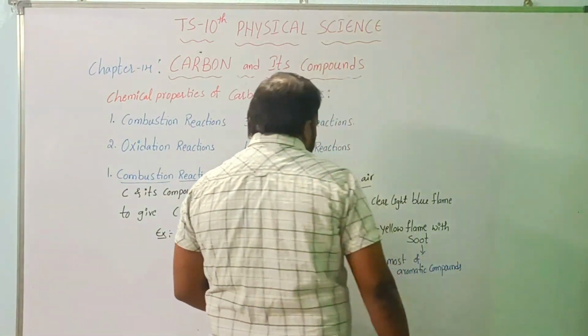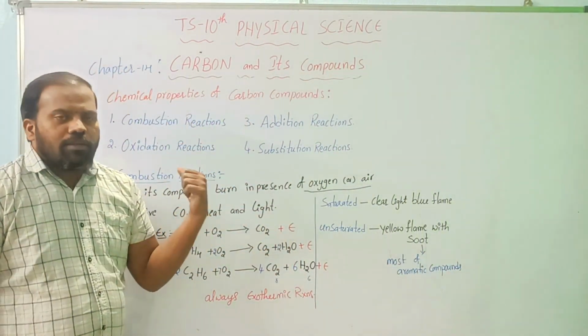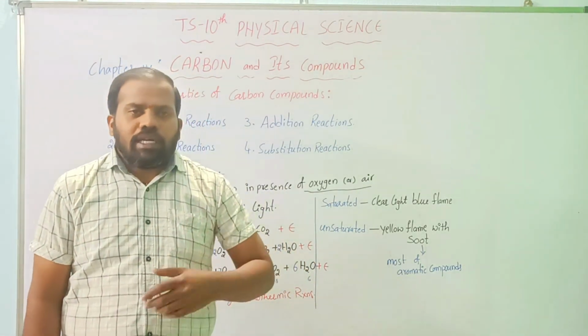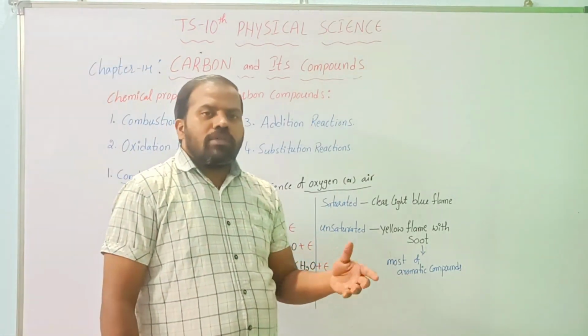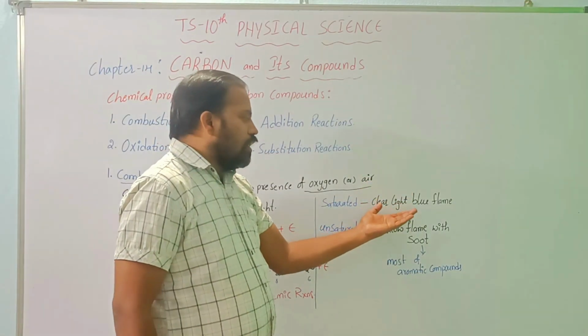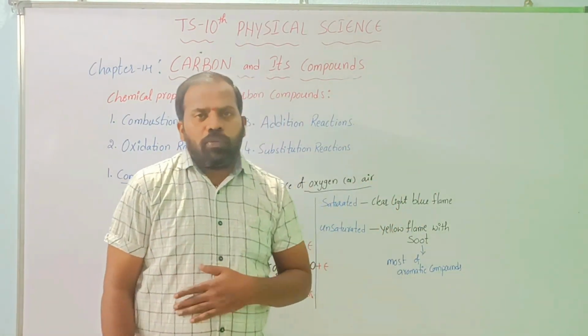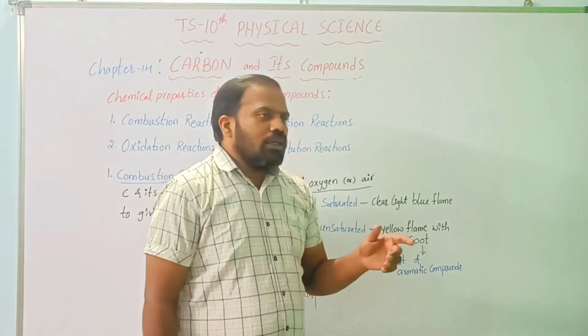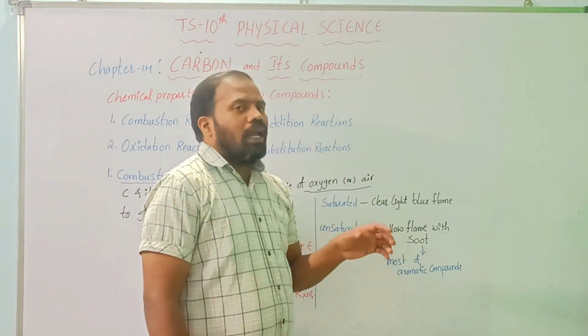Okay, next. We already discussed that hydrocarbons are saturated and unsaturated. Saturated compounds burn with a clear light with a blue flame. Unsaturated hydrocarbons burn with a sooty flame of yellow color.